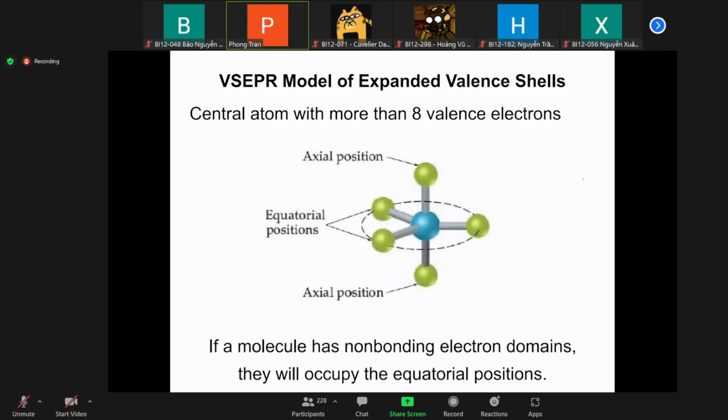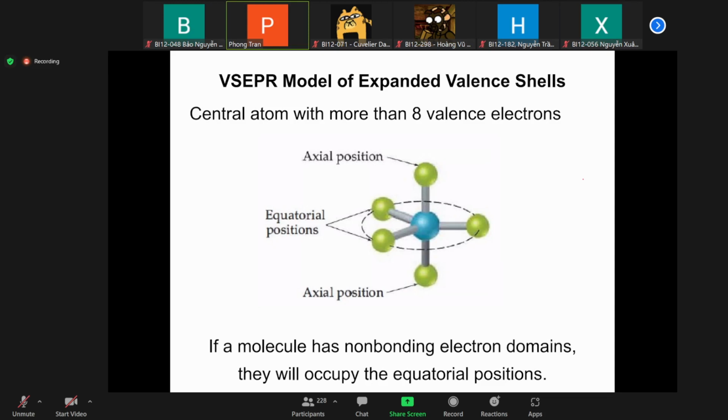And when you have D orbitals, the outermost shell will have subshell S, subshell P, and subshell D. You have 1 S, 3 P, 5 D, so in total, you have 9 orbitals. And with 9 orbitals, you can receive up to 18 electrons.